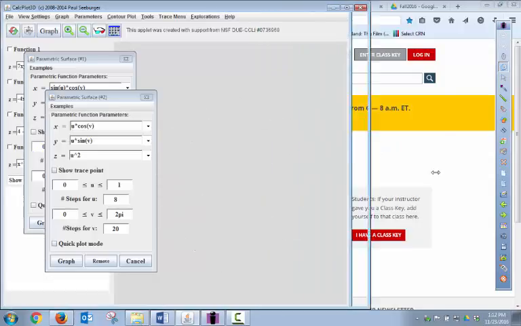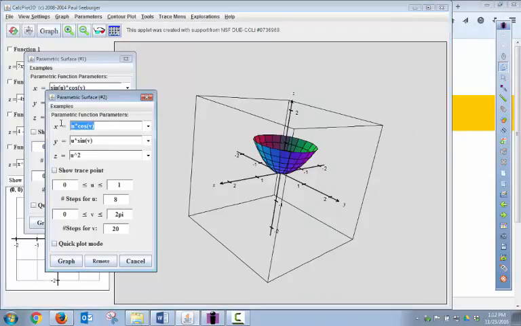If you want to look at a sideways parabola running along the x-axis, then you're going to want the x value to be u squared.